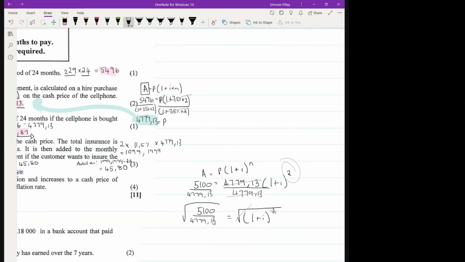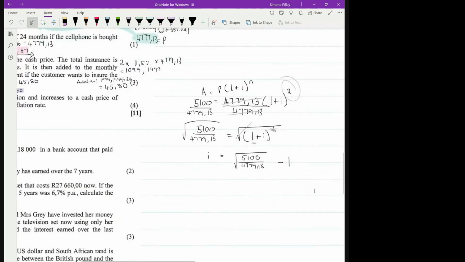And then I'm going to transpose this 1 over to the other side. And that will leave me with i is equal to the root of 5,100 divided by 4,779,13 minus 1. Remember, this was actually the formula that we manipulated in one of our previous lessons.